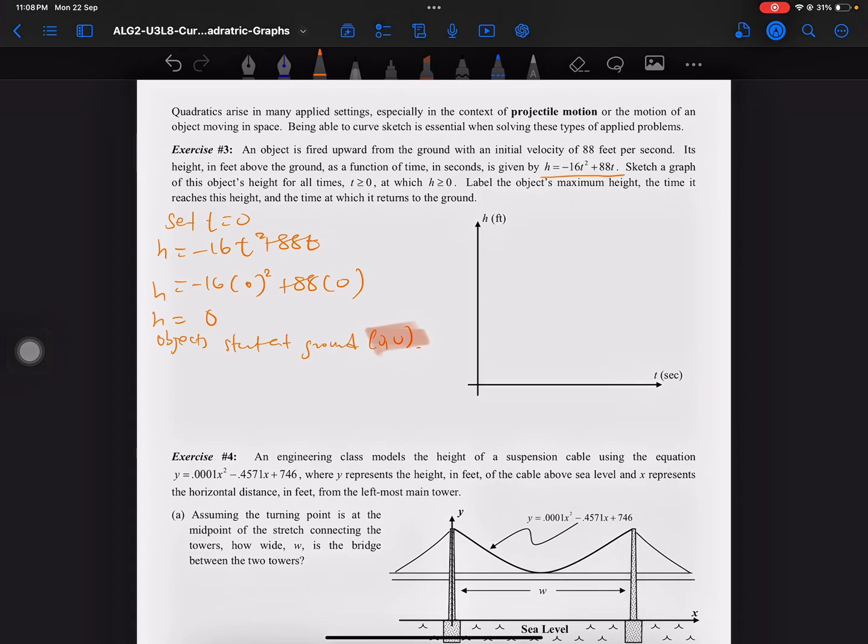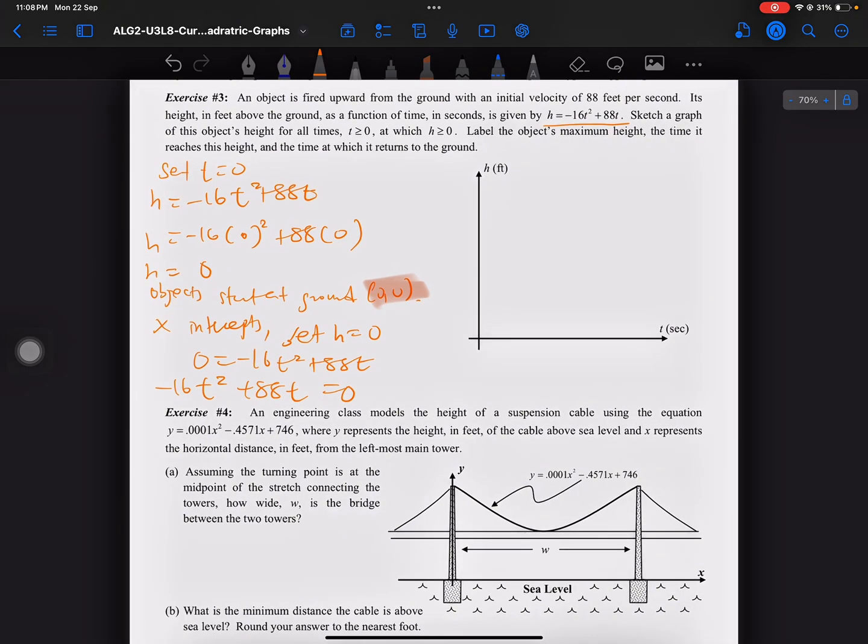So now for the x-intercept, set h equals 0. So from this equation, I will take everything and put it at the left side, easier for me to look at. So from here, I can factor out negative 8t.